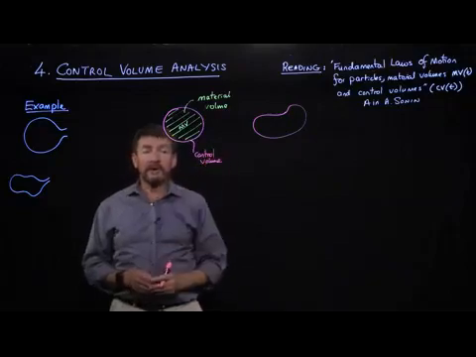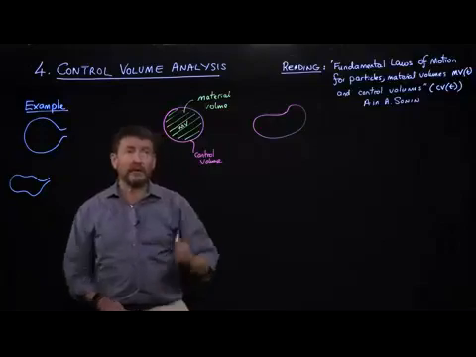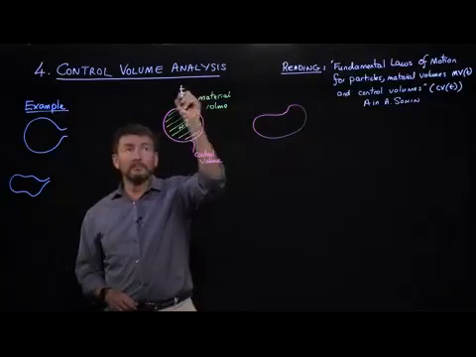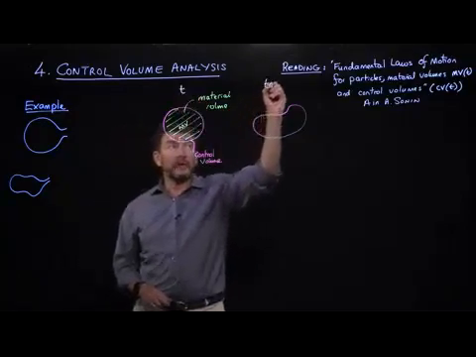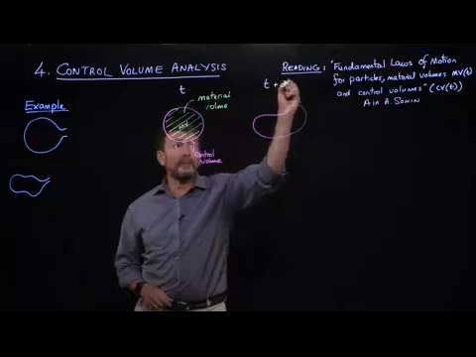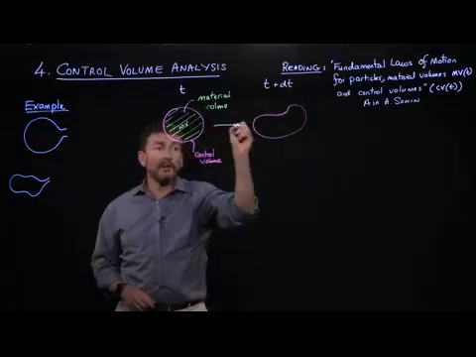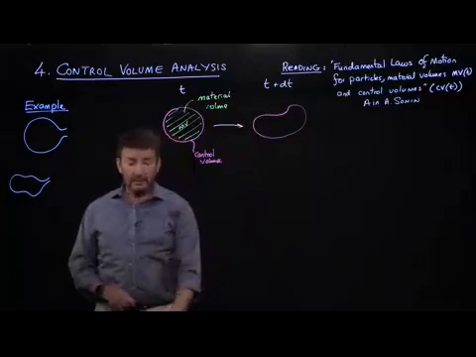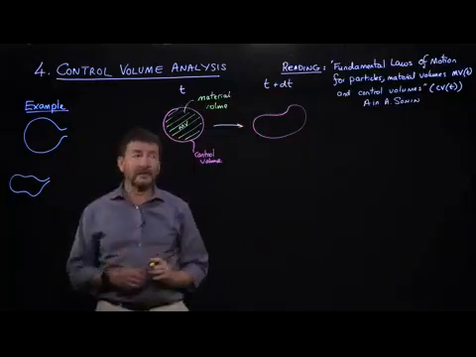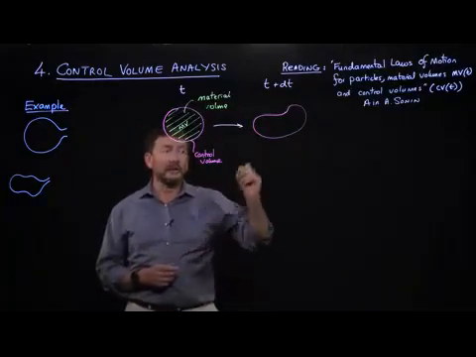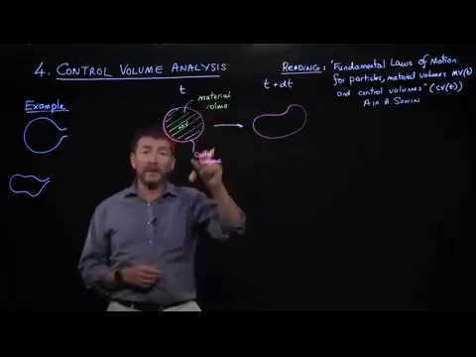And we want to understand the idea that if this is what things look like at time t, then as we advance the clock to some time t plus dt, then things may change. And in particular, we're interested in this idea that these things may move in different directions. So our control volume may deform.